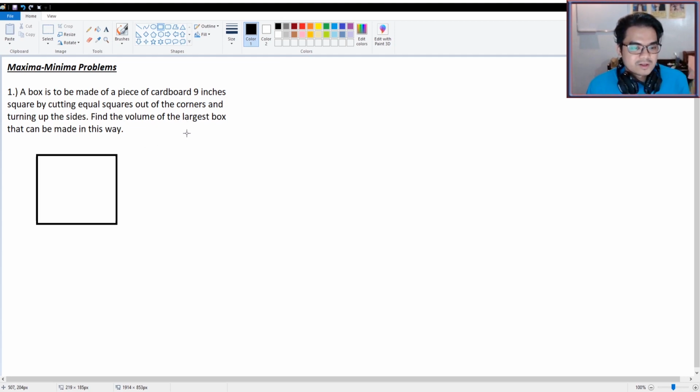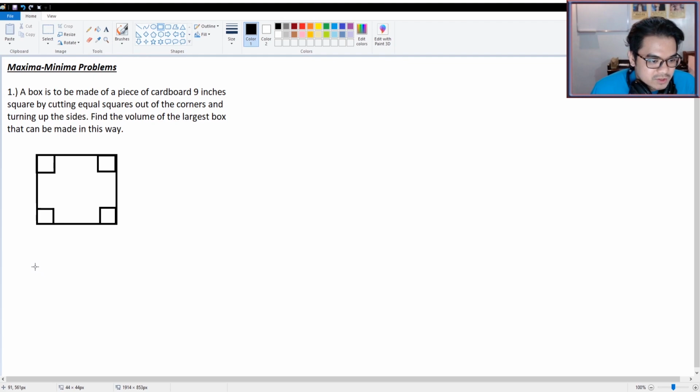To make a box, you have to cut equal squares out of the corners. So each corner will have a square: one here, another one here, and another one here. You have to cut out those squares.